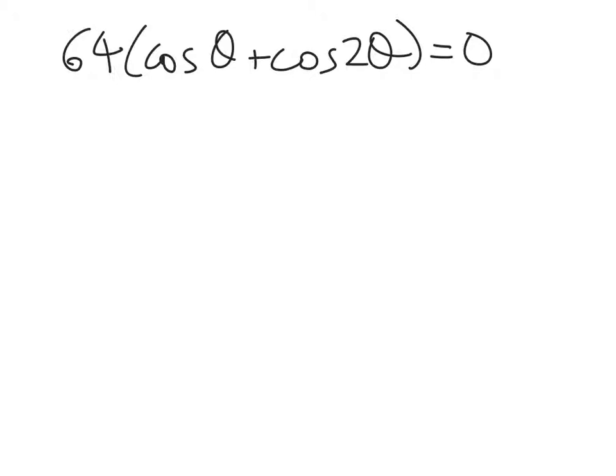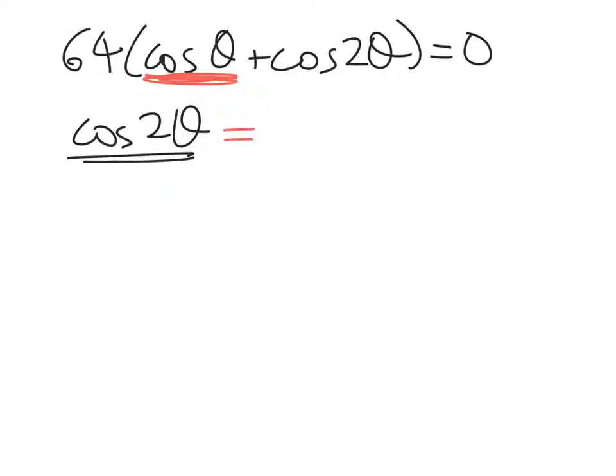Right, time to think again about our trig identities. Cos of 2 theta is the one that has 3 extremely useful identities. We can see that we've got this angle is a cos of theta. So we're looking for the identity, hopefully, that also has cos of theta, because it's going to help me turn things into a quadratic. So cos of 2 theta is equal to 1 minus 2 cos squared theta.